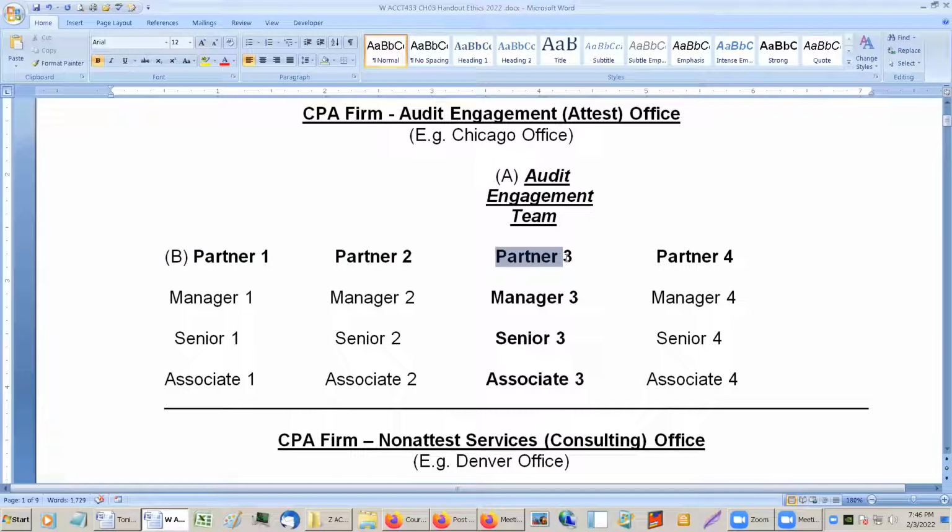First one is all of the members who are on the audit. So if you're working on the audit, you are a covered member. If you are a partner in the office that's doing the audit, you are also a covered member.